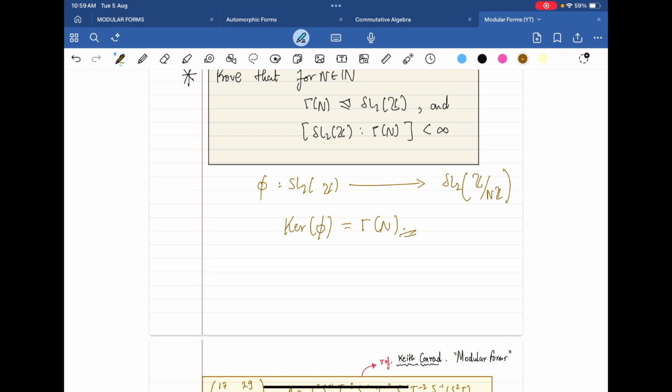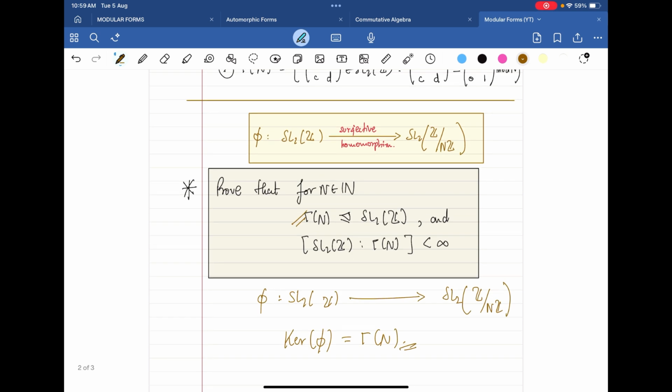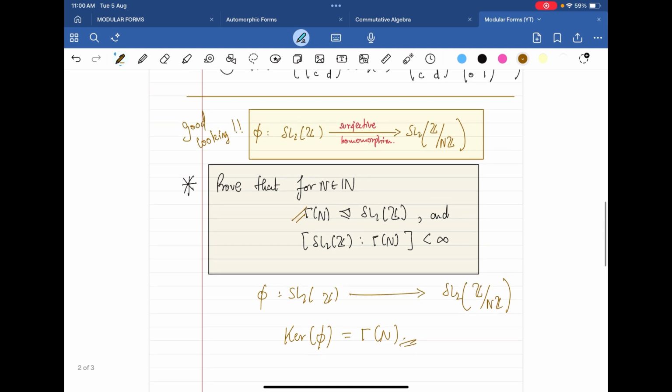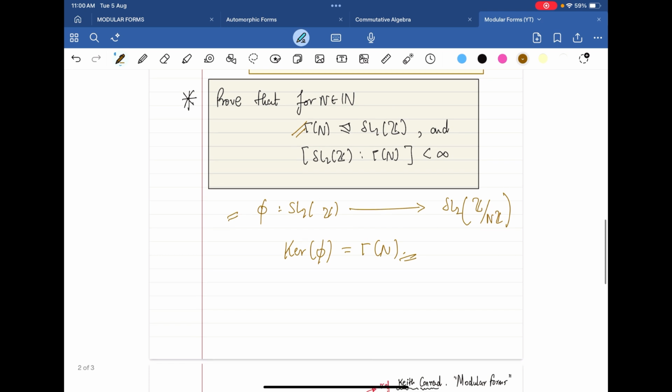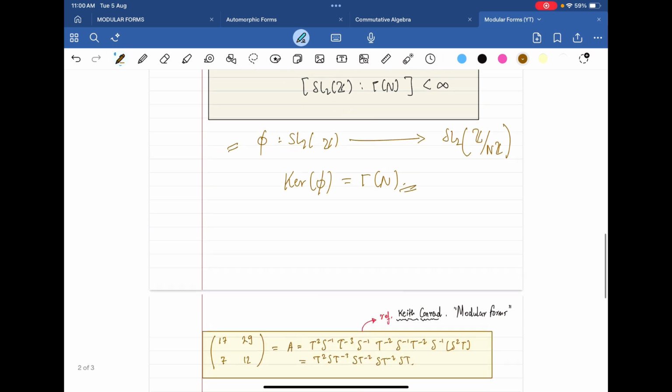Not even a result, but an observation. So the first part is done because of this good looking group homomorphism. And the homomorphism that we defined here is surjective; I actually gave a hint in the last video.